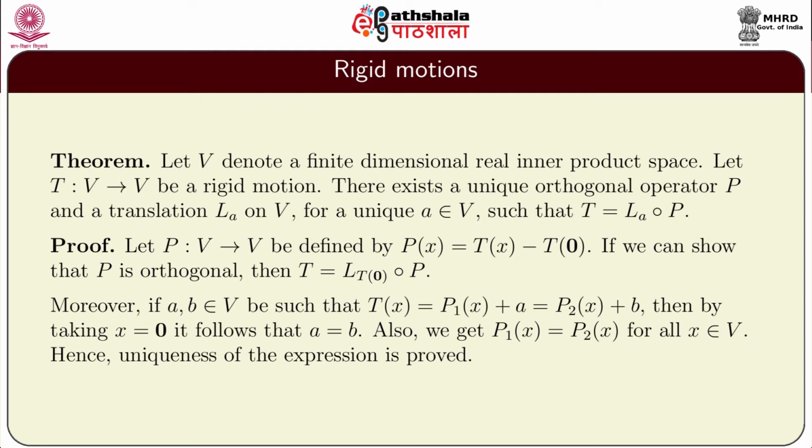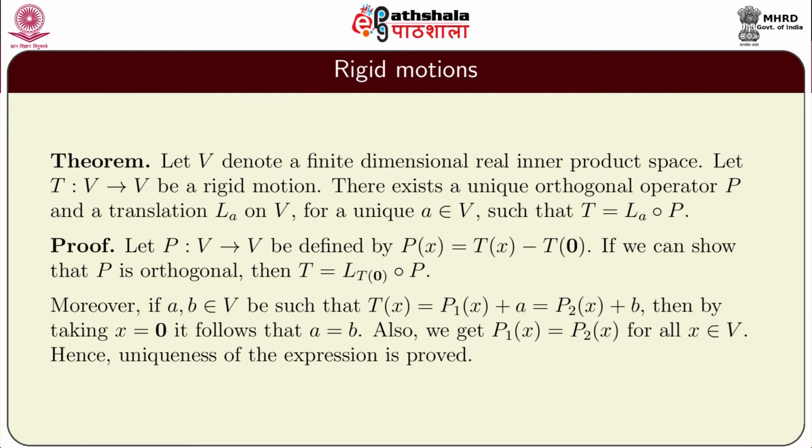There exists a unique orthogonal operator P and a translation T_a on V for a unique a in V such that T is equal to T_a composition P. So, this theorem in fact characterizes rigid motions on finite dimensional real inner product spaces.